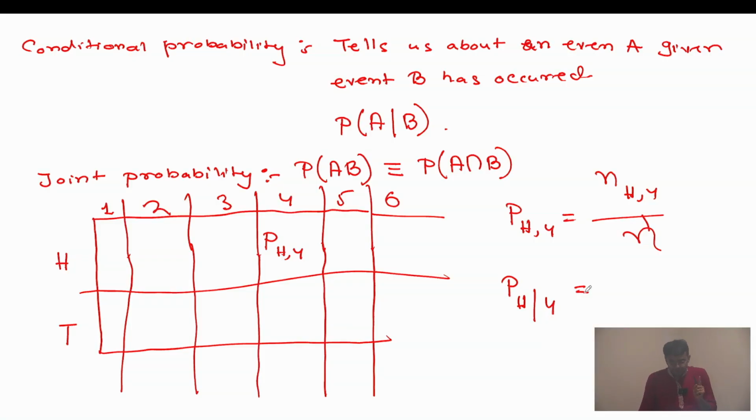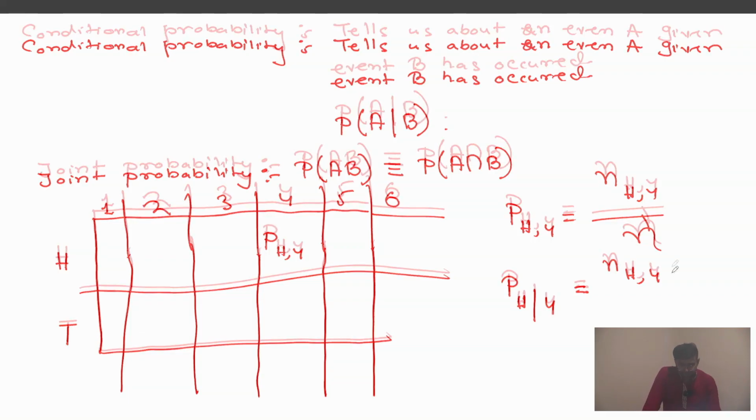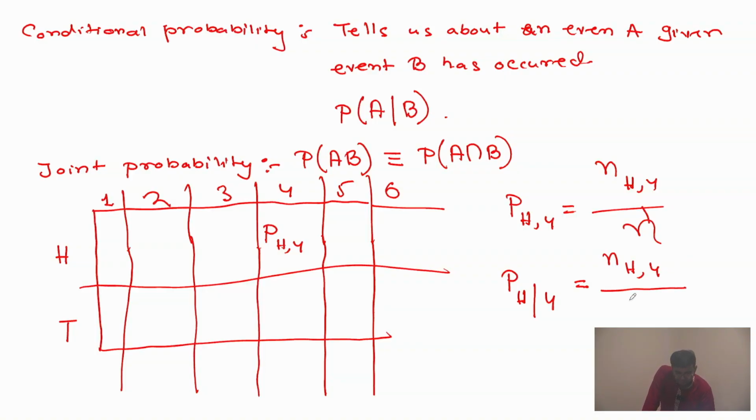First of all, what will you do? You will first count how many times head and 4 have occurred together. You have done 1000 experiments, and then out of that you will find the ratio with the number of times 4 has occurred, from the basic intuition or definition of probability, right.